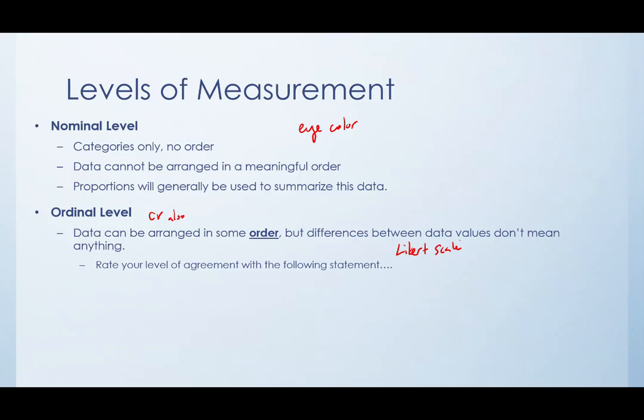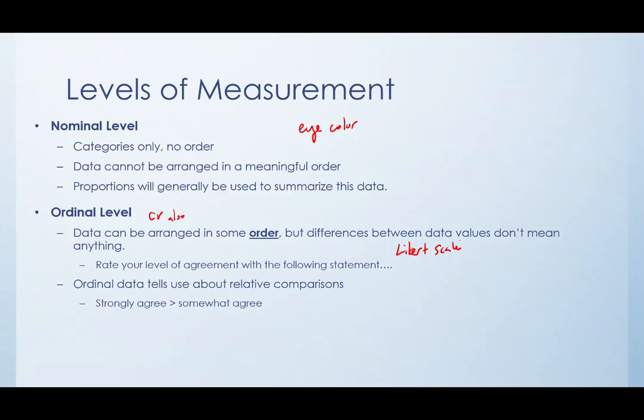So you might have strongly agree, agree, neither agree nor disagree, disagree, or strongly disagree, right? So there, those responses have an order to them, from strongly disagree to strongly agree, or vice versa, or rate your level of agreement on a scale of 1 to 5 or 1 to 10. All of those go in order, but really, what's the difference between a 4 and a 5, right?